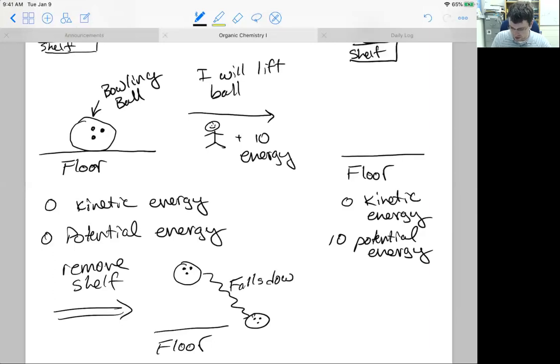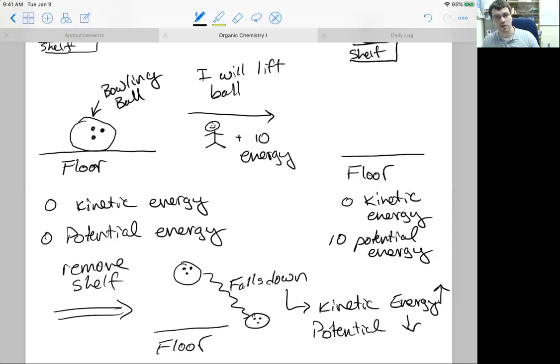As it falls down, it introduces kinetic energy into the system. So it falls down, and now its kinetic energy, right before it hits the floor, is increasing, and its potential energy is decreasing.